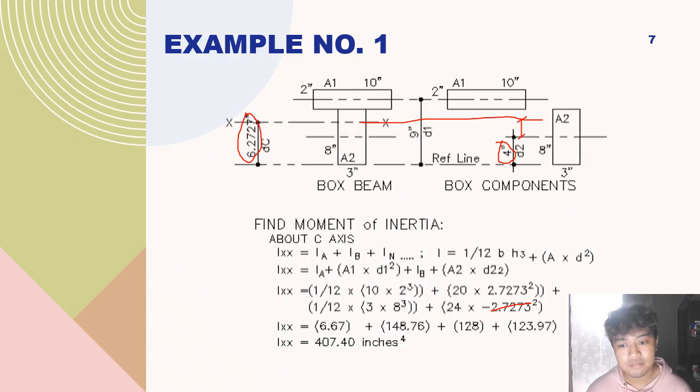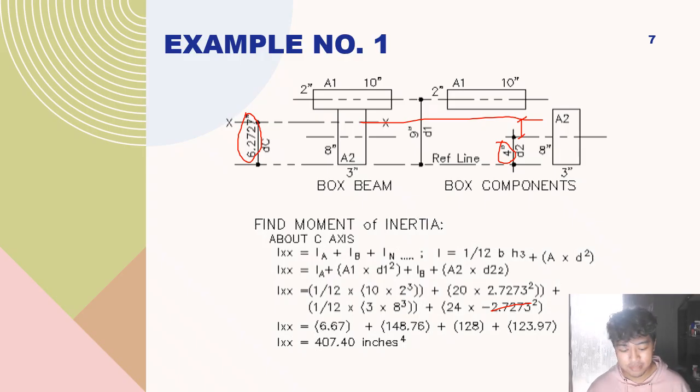Sige. So with that, atong i-try compute, let me try to compute the mistake first. So 2.2727 times 2.2. Diba? So nasayop lang yun siya.